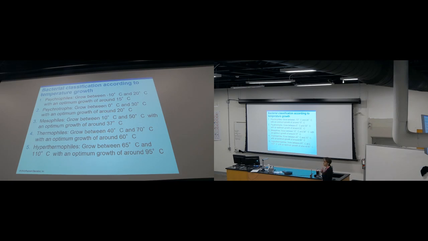Thermo stands for temperature, and phile for loving. They can grow between 40 and 70 with an optimum growth temperature of 60 degrees Celsius, so basically 23 degrees higher than the normal body temperature for humans. Because they cannot grow at 37 degrees Celsius, as you can see, the minimum is 40, thermophiles do not infect humans.